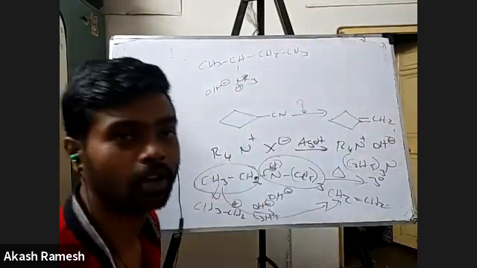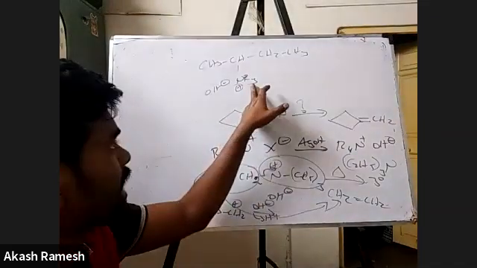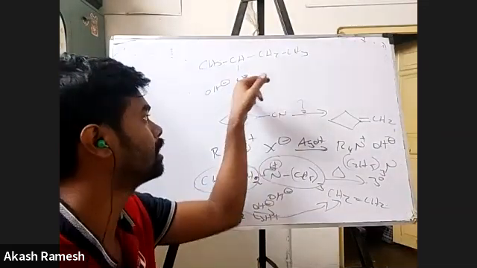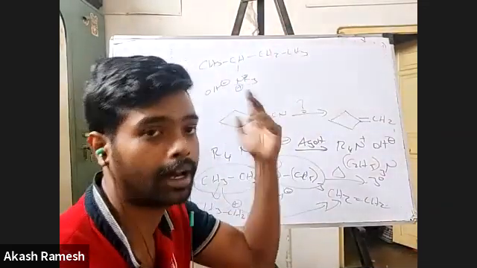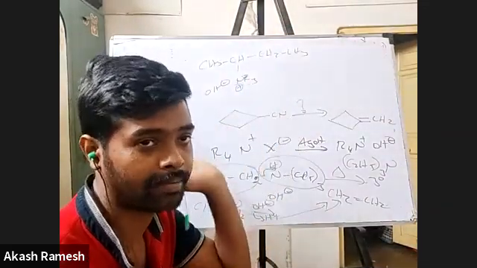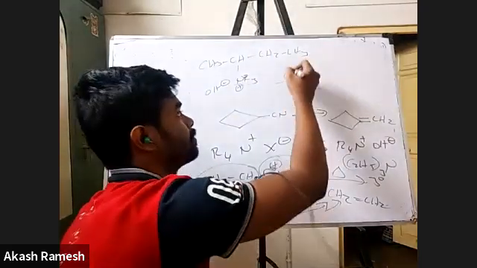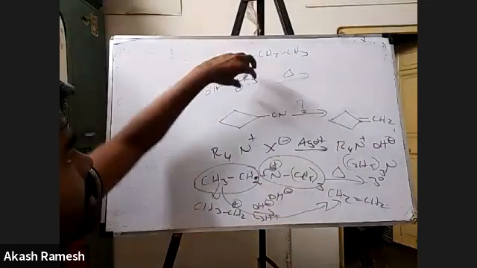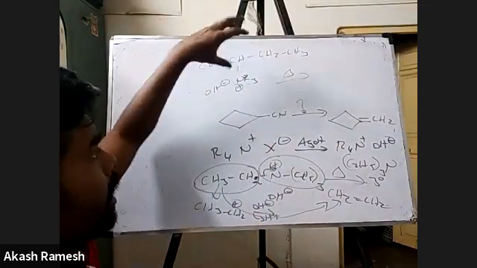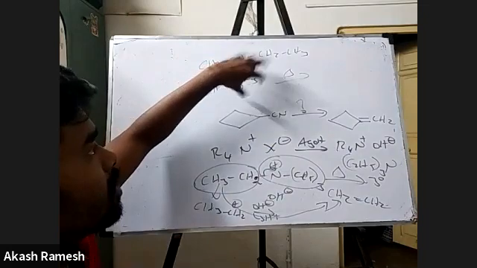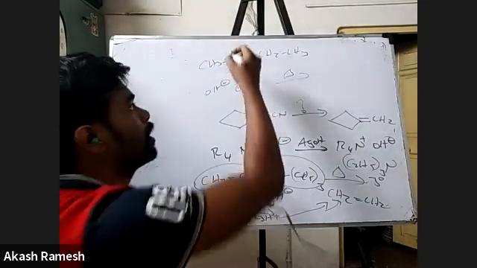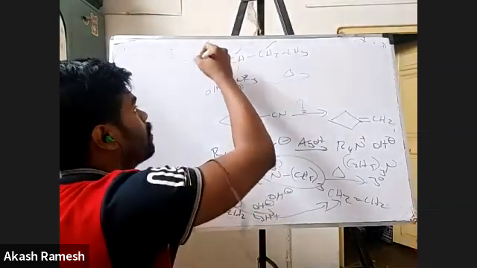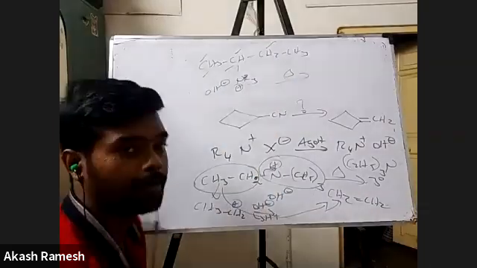Let's assume that I have this compound, with NR3+ OH- and CH2CH3. R can be anything. Basically, a quaternary ammonium salt, NR4+, with hydroxide. If I'm going to heat it, the tertiary amine will be gone. Now, where will you remove the hydrogen from? You can form the double bond between this carbon and this carbon, or between this carbon and this carbon.